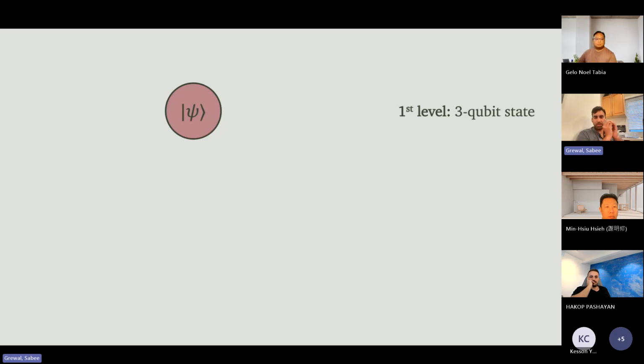To start off, I'm going to tell you about how we can map any n-qubit state to a binary tree. At the root of this tree, we have our input state psi. For concreteness, let's think of this as a 3-qubit state. This is the first level of our tree, where we just have the root.